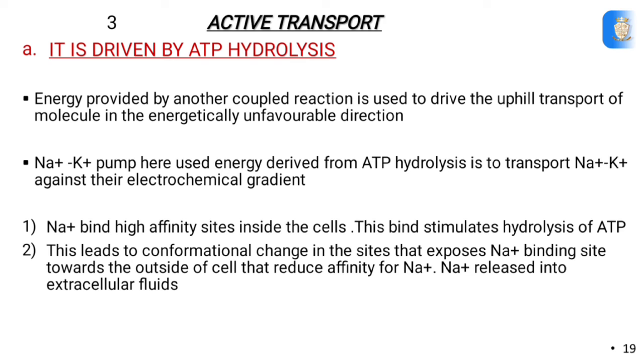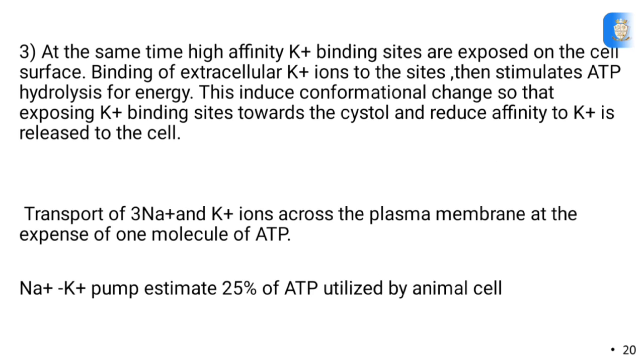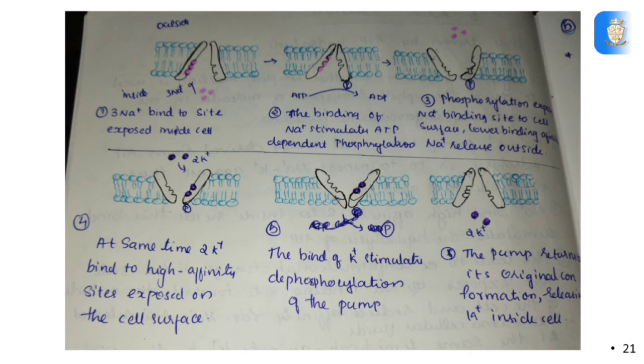The Na+ K+ pump uses energy derived from ATP hydrolysis to transport Na+ and K+ against their electrochemical gradient. So 3 Na+ bind to sites exposed inside the cell. The binding of Na+ stimulates ATP dependent phosphorylation.